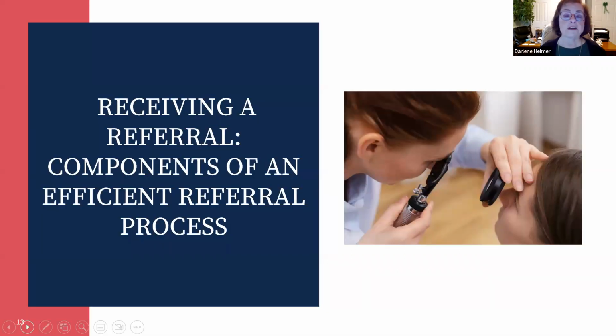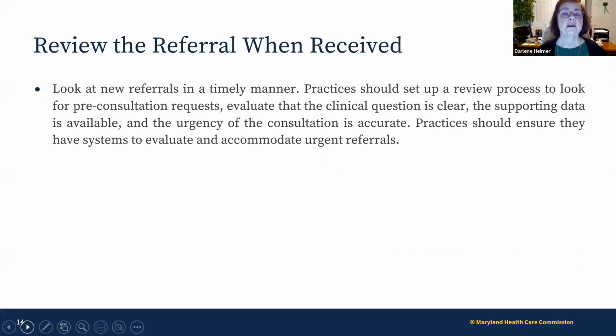So now we're going on to receiving that referral. So the components of an efficient referral process. Next slide, please. It's really important to look at new referrals in a timely manner.